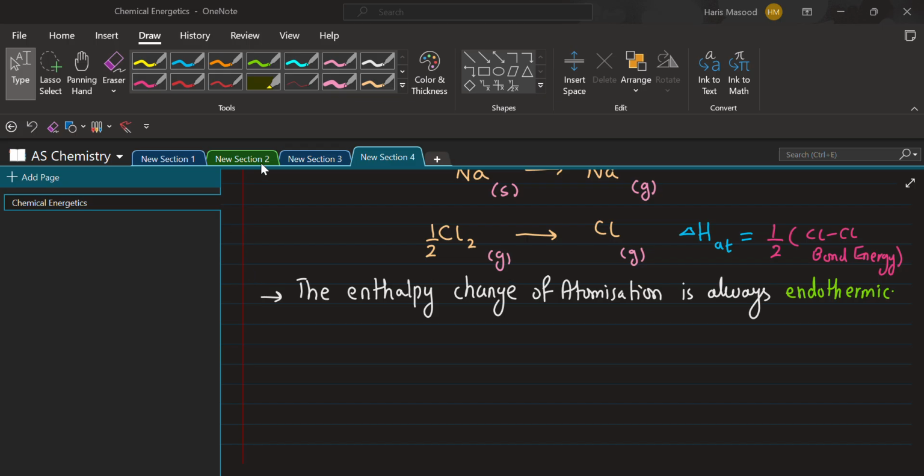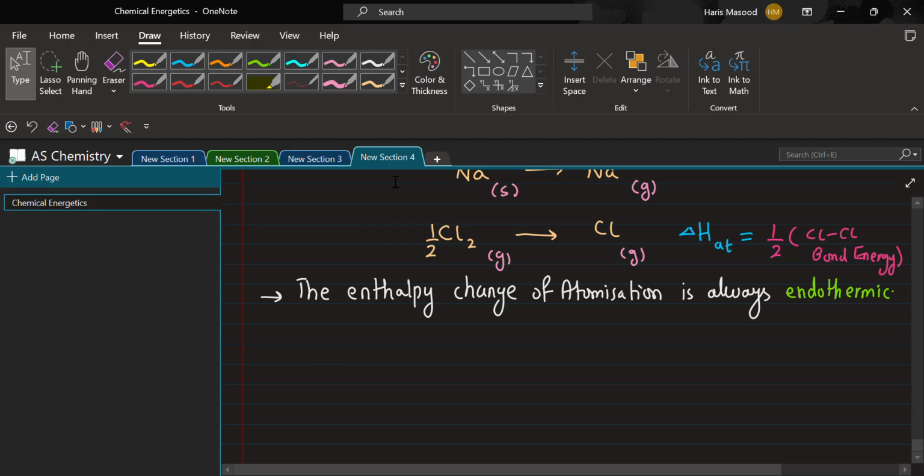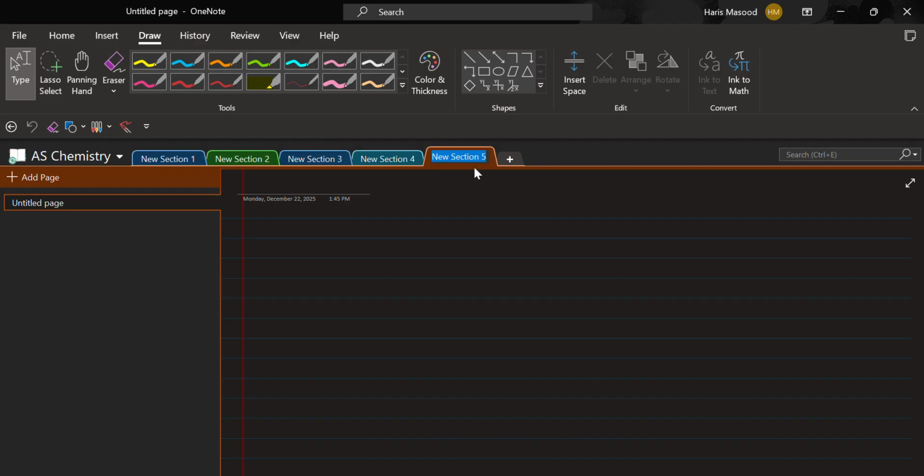I found the question related to calorimeter. We can do the questions on this page.